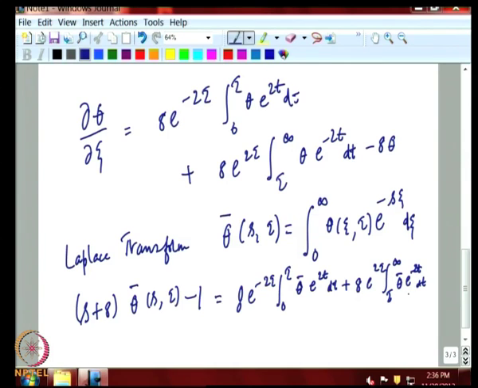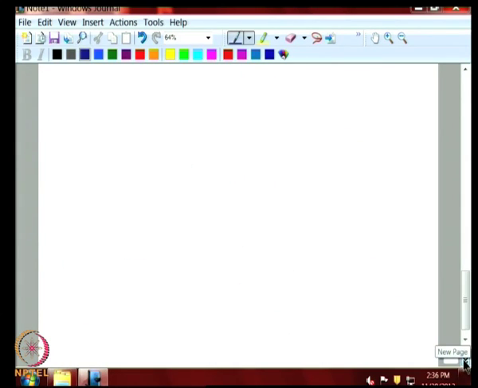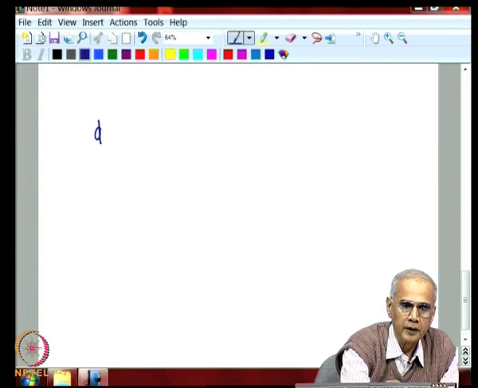And if you now apply the kernel approximation, that is, differentiate twice and eliminate the integral terms, you will get the following differential equation for theta.